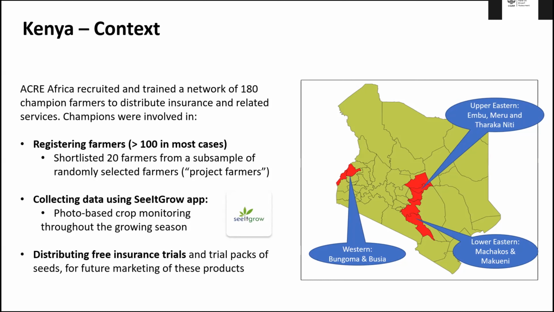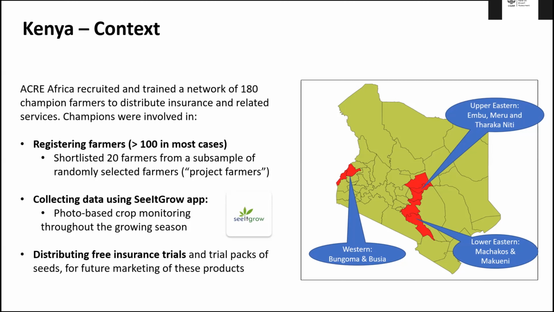But the champions, because they had to send in images of farmers, they actually were given the option to shortlist 20 farmers from a subset. So what we did is we randomly assigned the farmers that they had registered. We randomly assigned them into potential treatment and potential control.